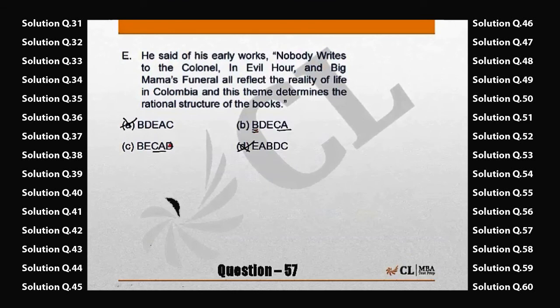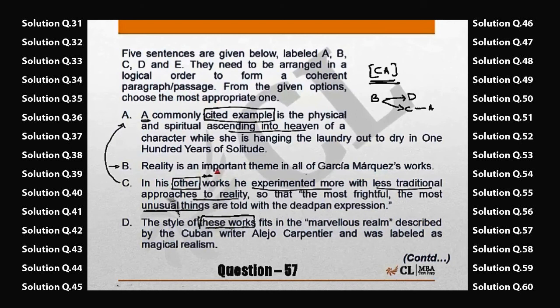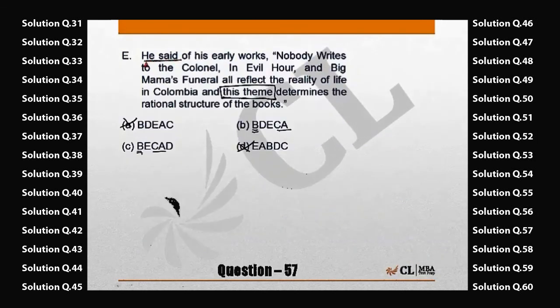In which case, these two options say it has to start with B. Let's look at E. He said of his earlier works, No One Writes to the Colonel, In Evil Hour and Big Mama's Funeral all reflect the reality of life in Colombia, and this theme determines the rational structure of this book. Talking about this theme, reality is an important theme about Garcia Marquez's works, and he said of his earlier works. We can see a connection between B and E.